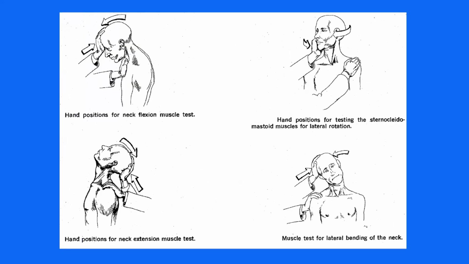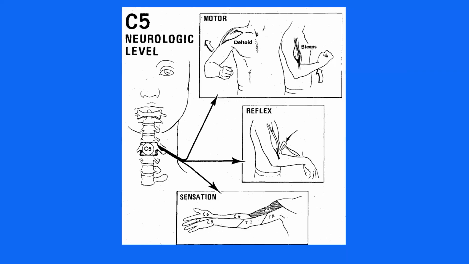Again, I'm repeatedly showing you this because this exam will help you in making an accurate diagnosis. Okay? And of course, don't forget about the nerve supply. Don't forget about the sensory supply.